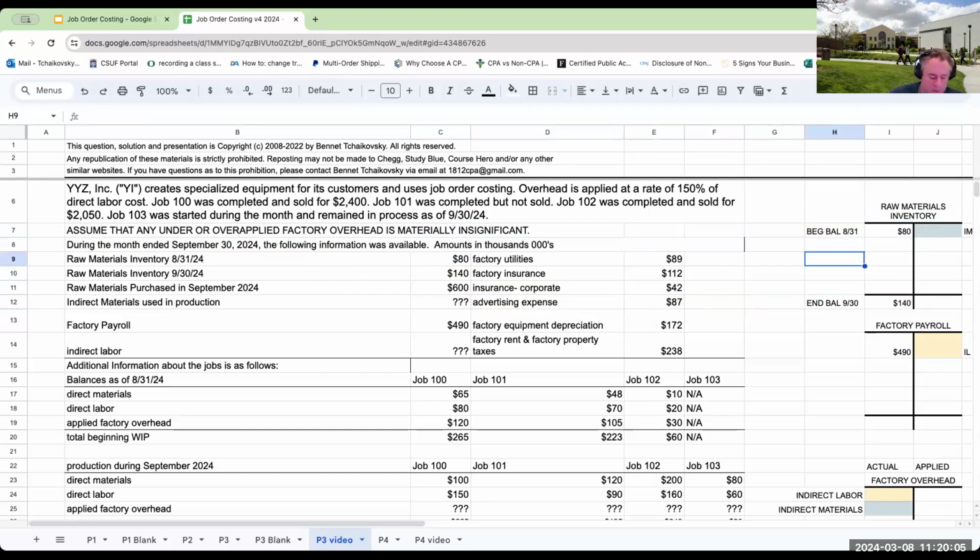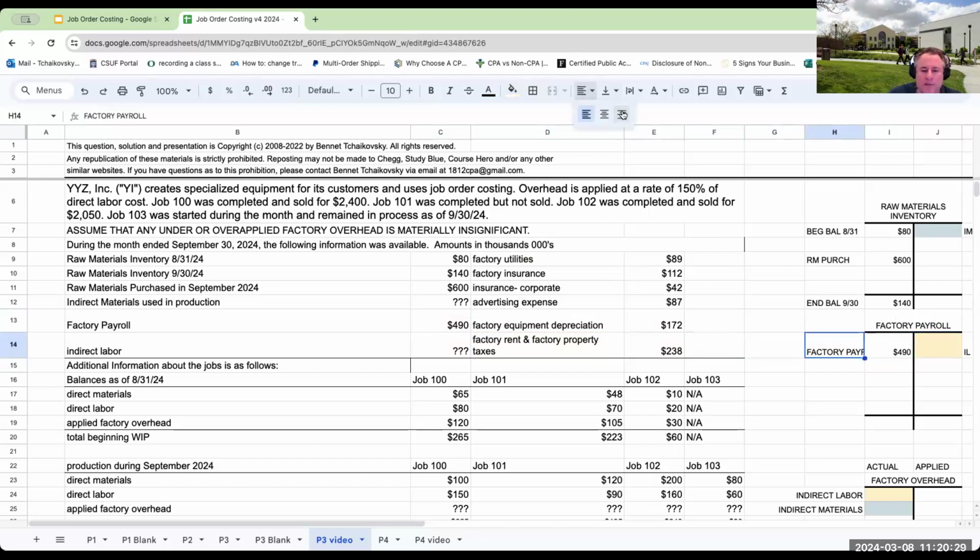My raw material purchases are going to be at 600. Now, I don't know indirect materials yet, but we'll go through and figure this out. As we said before, our factory payroll was at 490. I don't know my indirect labor yet, but we're going to be able to figure that out.